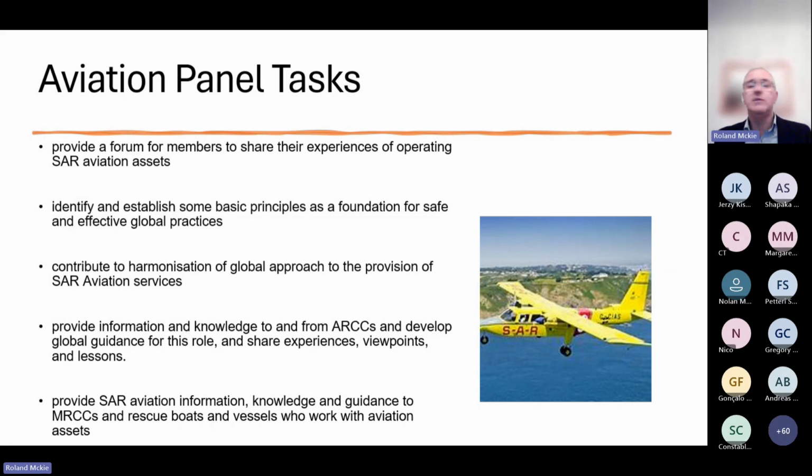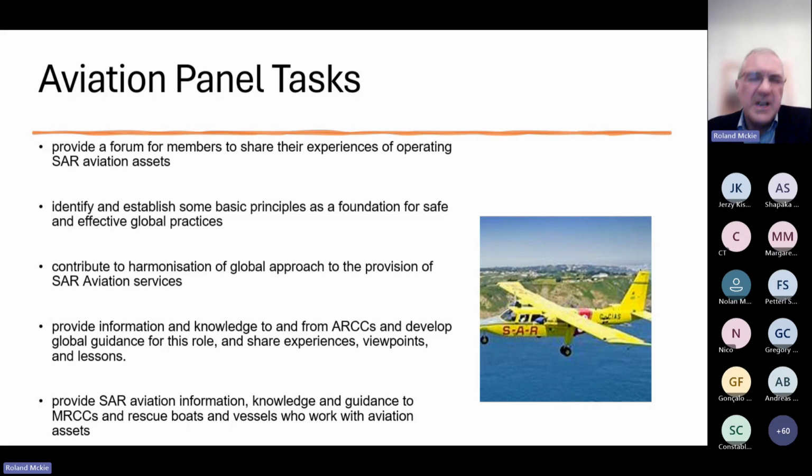So the aviation panel would provide a forum for members to share their experiences of operating SAR aviation assets. As a global organisation, the IMRF has, we could argue, a unique position in that we can bring people together to do this. And we could identify and establish some basic principles as a foundation for safe and effective global practices.